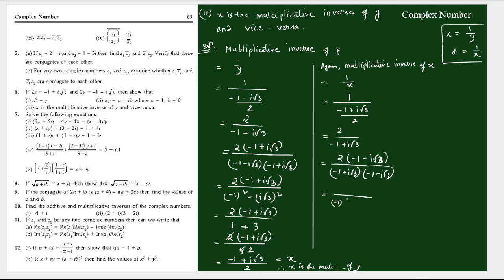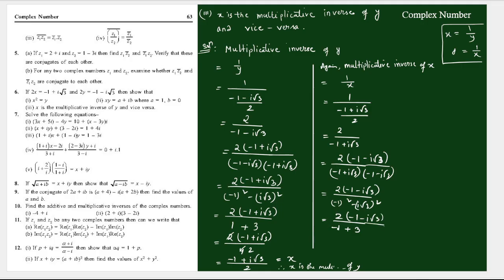So minus 1 square minus i root 3 square. So minus 1 becomes plus how much? Root plus 3.